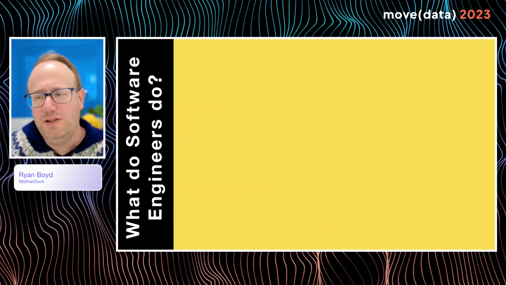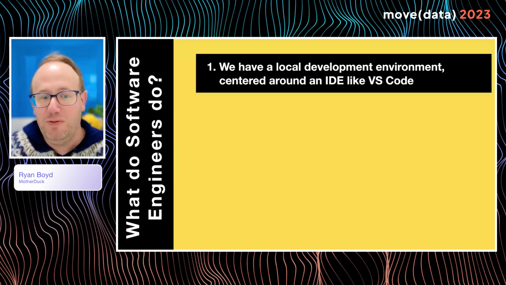So what do we as software engineers do in terms of our life cycle of building software products? And I'm going to show you here a typical life cycle around an open source project. Your mileage will vary at different companies, but typically we have a local development environment centered around an IDE like VS Code.